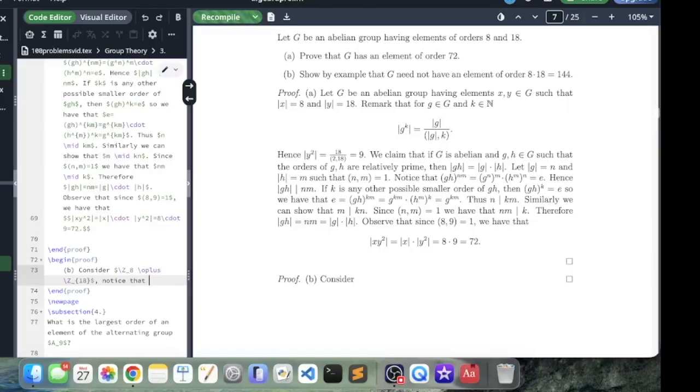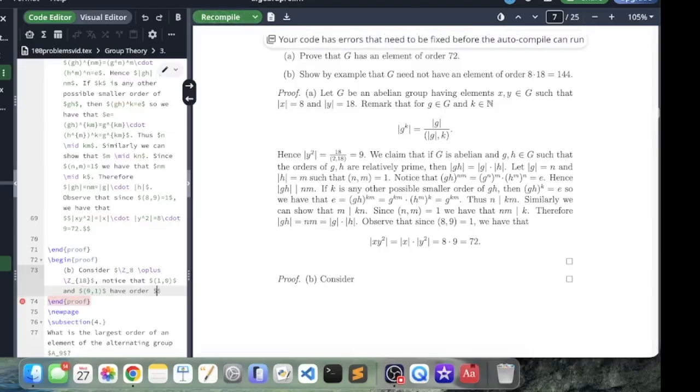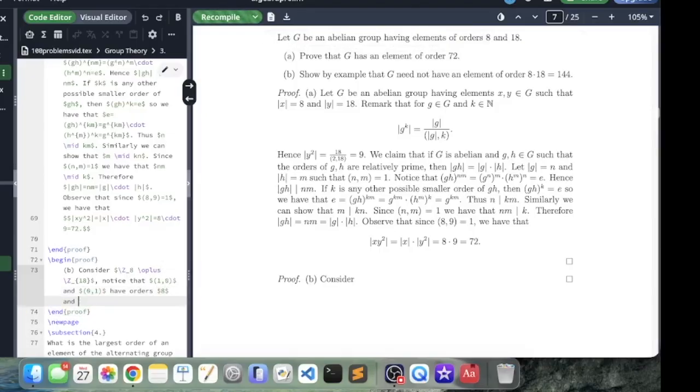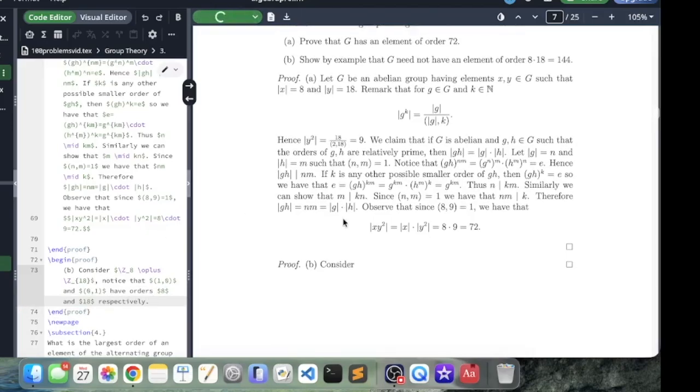And we'll notice that (1, 0) and (0, 1) have orders 8 and 18 respectively.